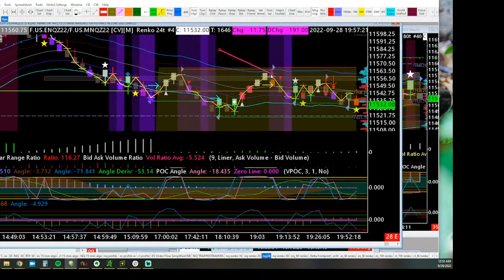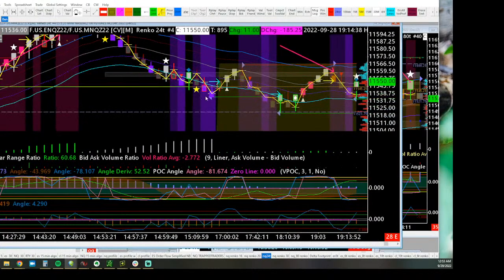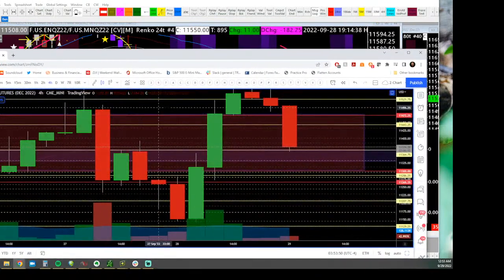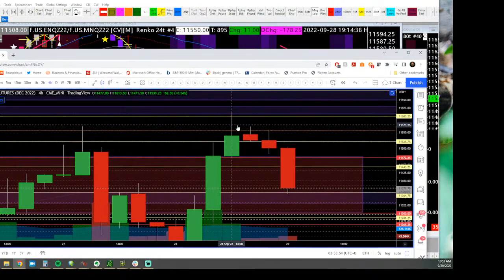So this is your short when you get that same orange bar that interacts with that high volume node. And again, that only works because we established volume below it first and then came back. It's the exact same thing as I was just talking about, where we reject a level and we come back.